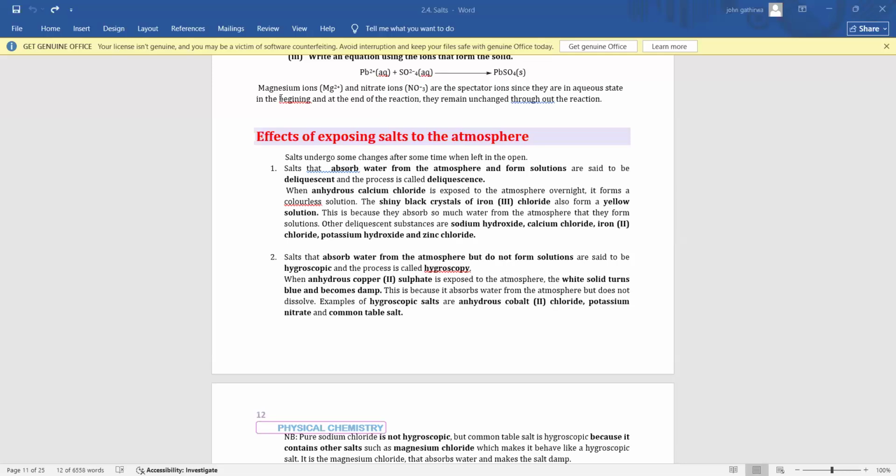Wash it with distilled water and dry it between filter papers. So who will tell us which method that is? What method are we applying when we are preparing the lead (II) carbonate? What method of preparing salt is that?